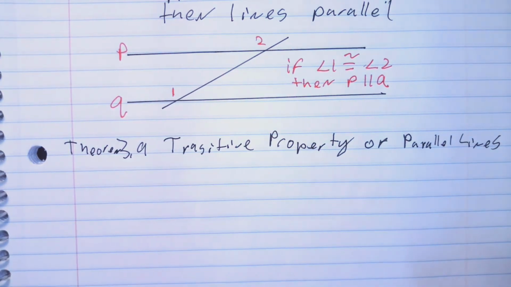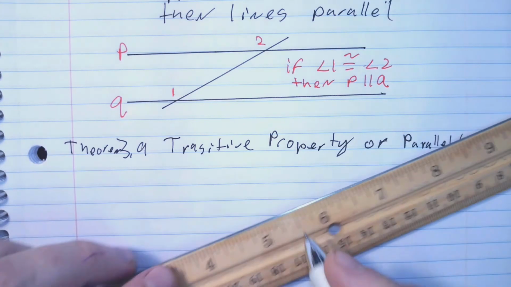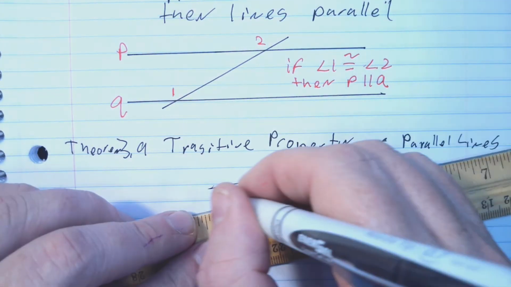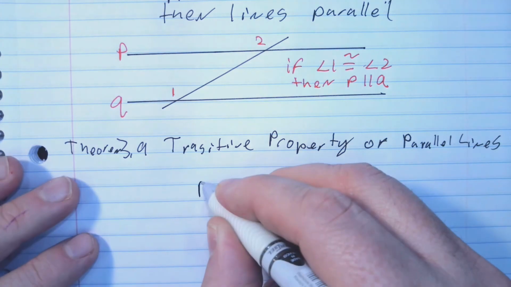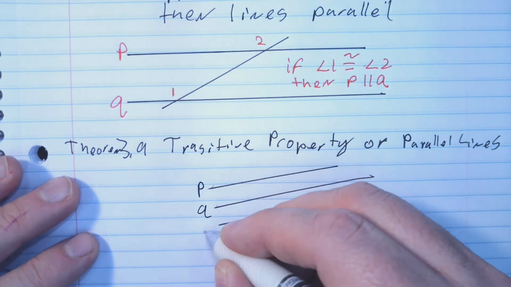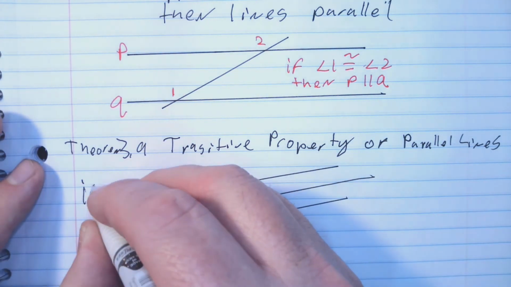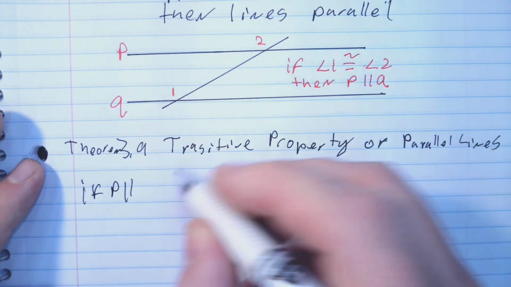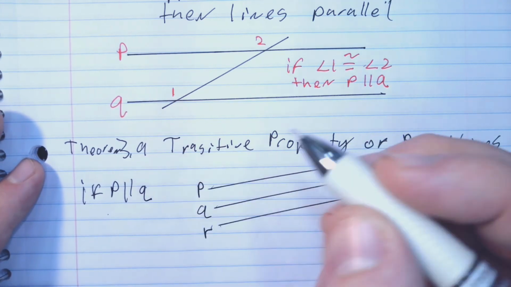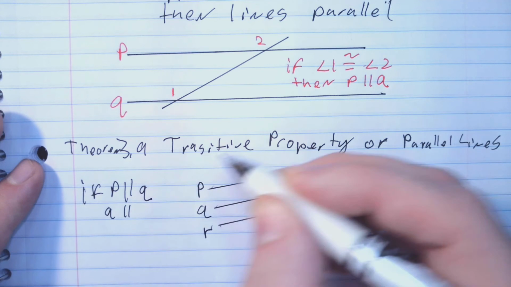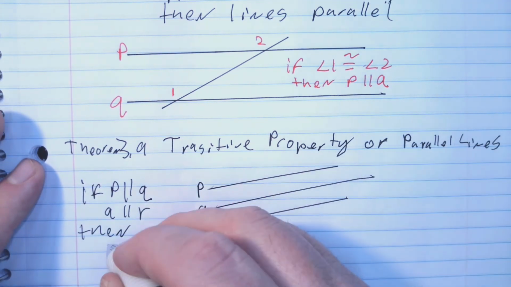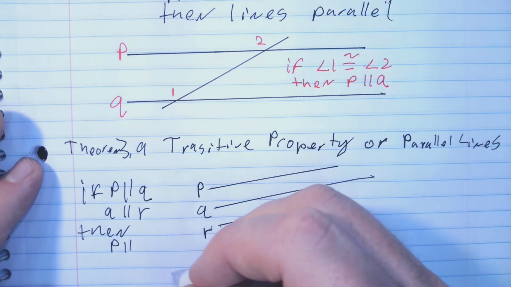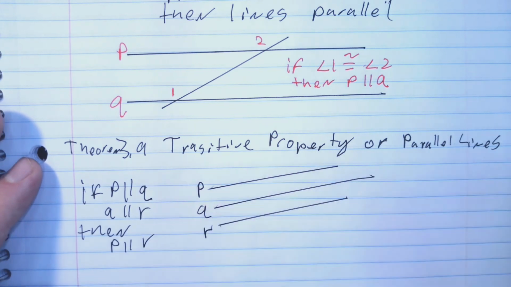So we know what the transitive property is, and I'll just show you how it works with parallel lines. Okay, kind of like a ladder. I'm going to call this P, Q, and R. So basically it's just if P is parallel to Q, and Q is parallel to R, then P is parallel to R. Okay? Makes sense, right?